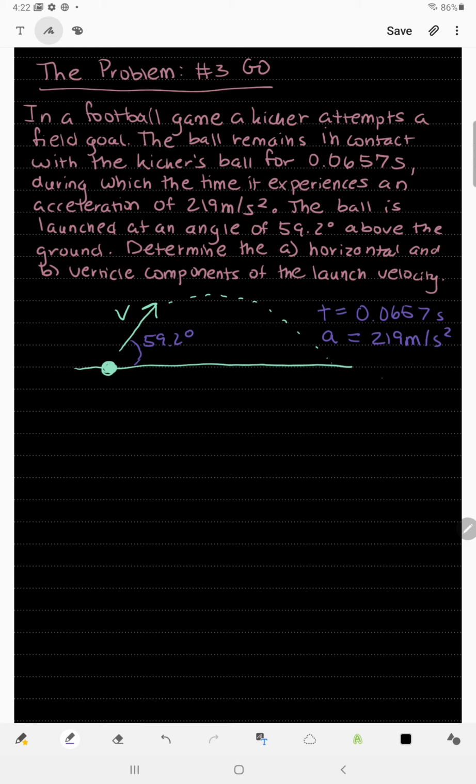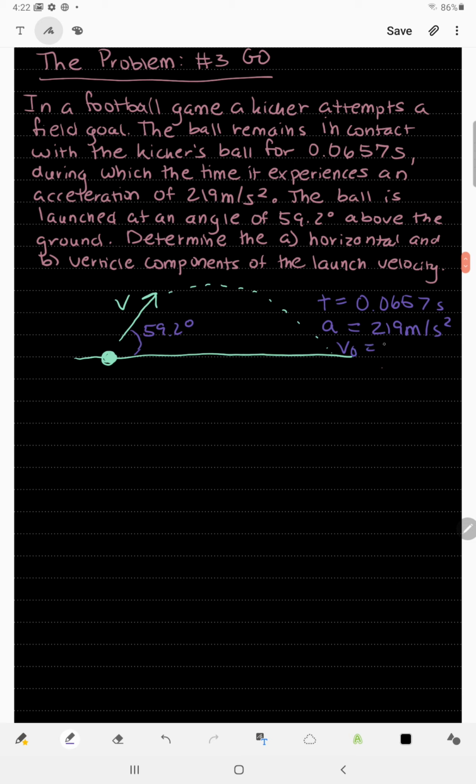Now, at this point, I always ask myself, is there other information that the problem doesn't give me, but I know? In this case, there is. There's an initial velocity of 0 meters per second, because the ball started at rest. It wasn't moving when we started, it was just sitting there on the ground, ready to be kicked.